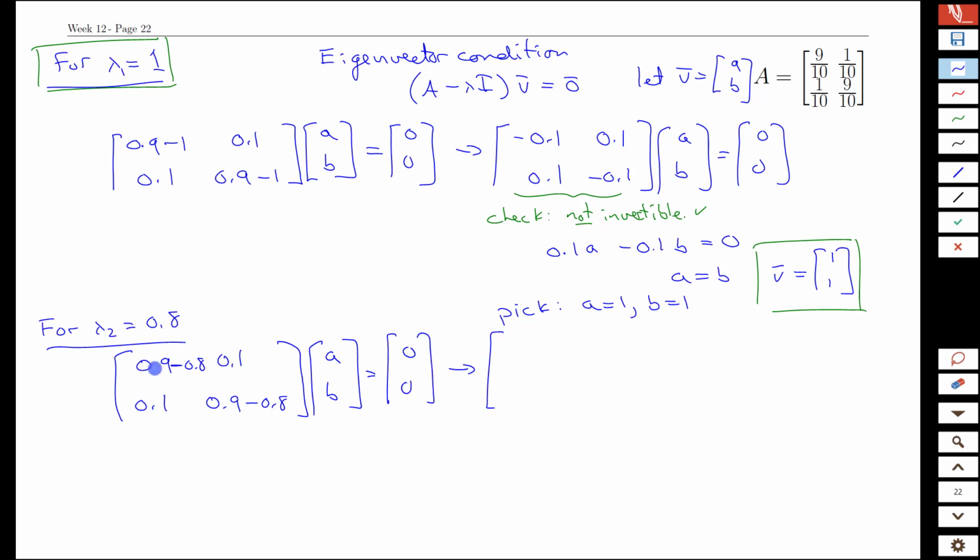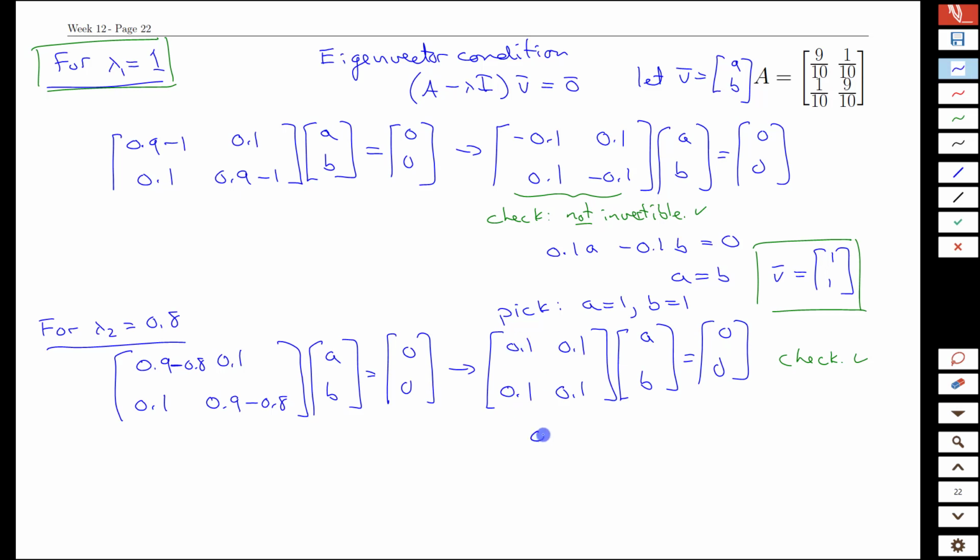We need to tidy this up though first, so we get 0.1, 0.1, 0.1, and 0.1 again, times a, b, equals 0, 0. Again, we have that check. It is not invertible. These rows are just the same rows over and over again.